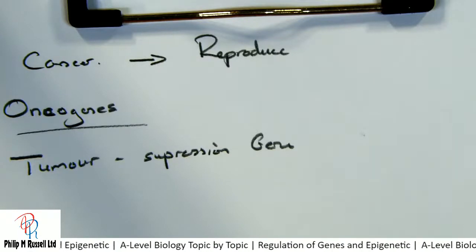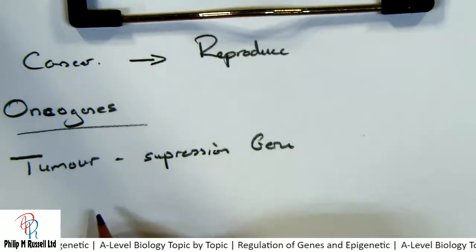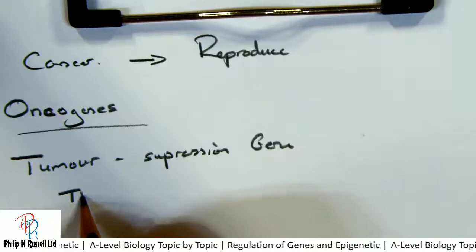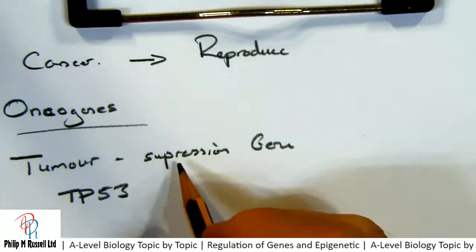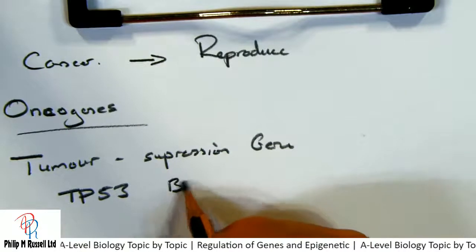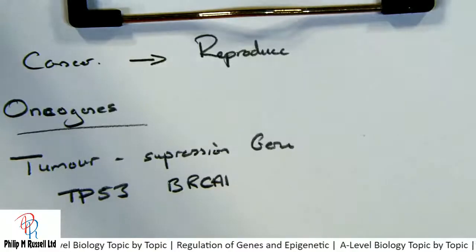And there are a few interesting names of some of these genes which you might come across if you do some reading on this, and we come across TP53, and we come across BRCA1 and BRCA2.